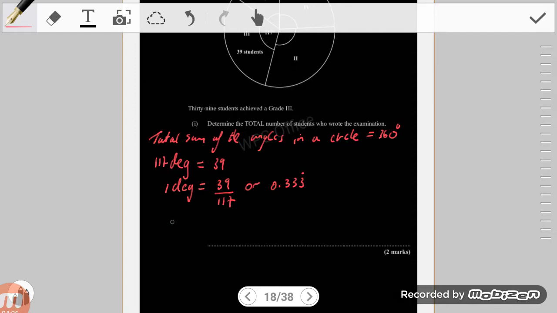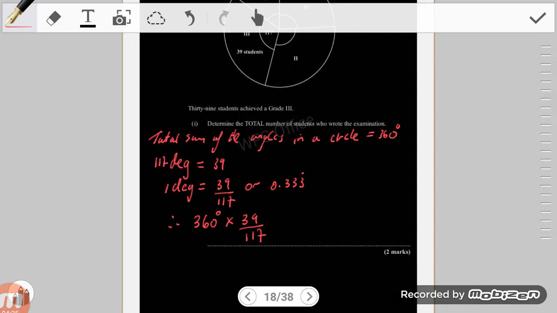Now that I have the value of 1 degree, then 360 degrees, which would represent the total number of students that wrote the examination, will be 360 multiplied by the value of 1 degree. I'm going to use the 39 over 117, I feel like it's a lot easier.